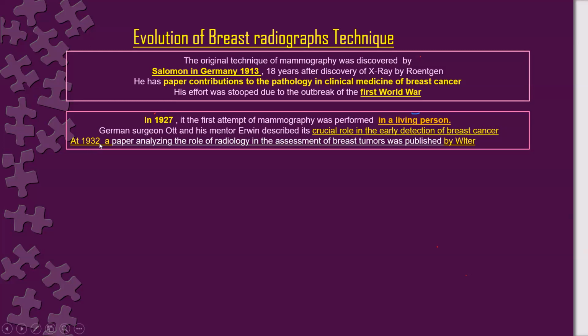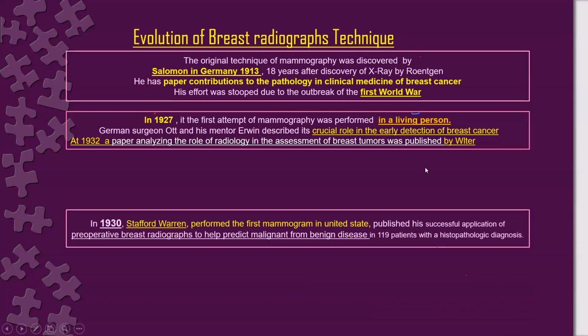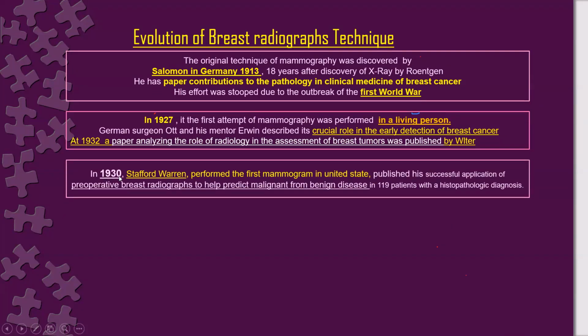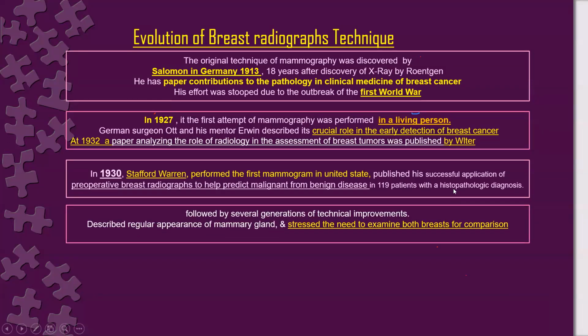And in 1932, a paper analyzing the role of radiology in the assessment of breast tumor was published by Walter. Then in 1930, Stafford Warren performed the first mammogram in the United States, and he published his successful application of preoperative breast radiograph to help distinguish malignant from benign disease in 119 patients with histopathological correlation.